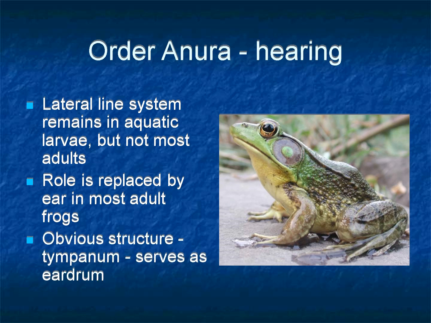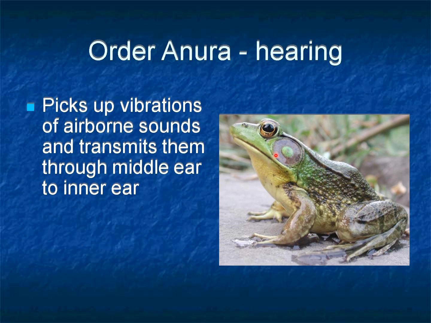And this ear structure includes the tympanic membrane, which is an obvious structure in most frogs, like you can see in this image, and it serves as the eardrum. This eardrum, or large tympanic membrane, picks up airborne sounds and transmits them to the inner ear through the middle ear. And this middle ear is externally covered by the tympanic membrane.